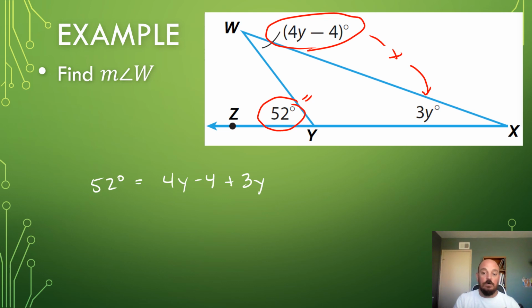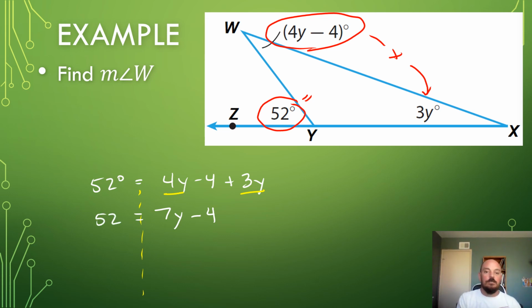Now, step 2 is to solve. So let's solve for y. I'm going to put that dotted line in here. I can do anything I want, as long as I do the same thing on both sides of that line. But before I do that, I have a common term. I have a 4y and a 3y on the same side of the equal sign. Let's add those together and get 7y. Then I'm going to leave that minus 4 that comes after it, and leave the 52 over here.